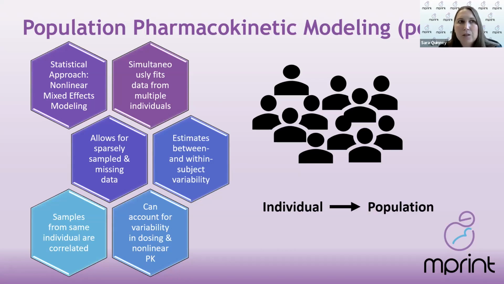Some of the advantages of population PK over the two-stage and prior approaches we've discussed is that it does allow for sparsely sampled and missing data, and that samples from the same individual are correlated. This allows us to better estimate those within and between subject variability aspects. You can also account for variability in dosing and nonlinear PK using these methods, as it does take into account dose in a different aspect.